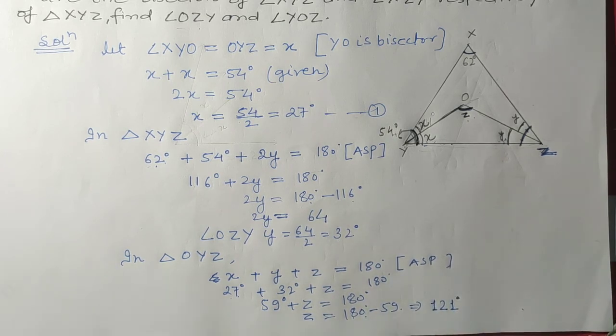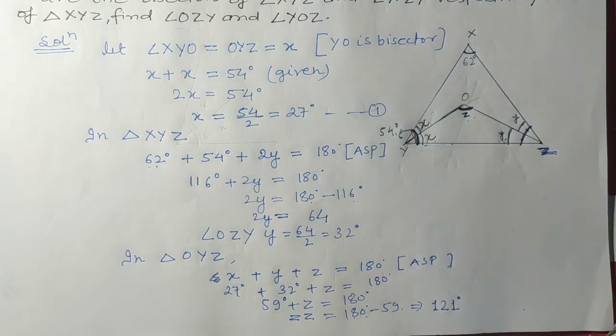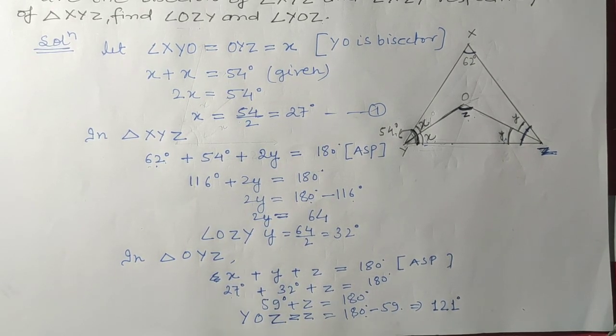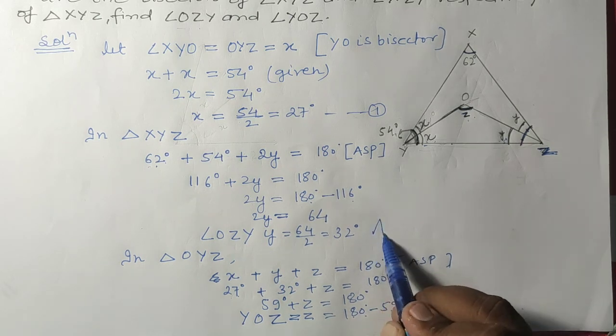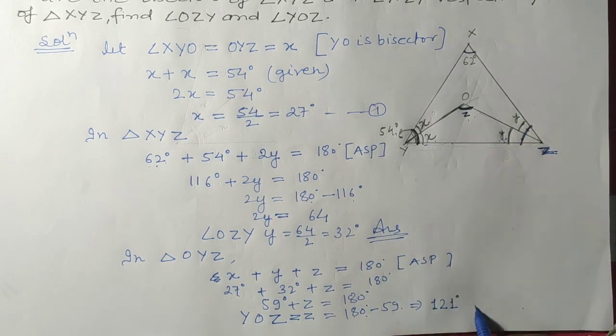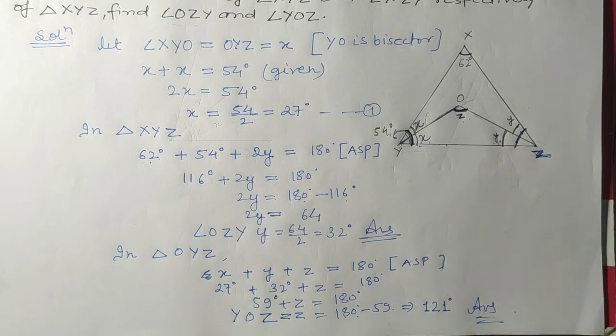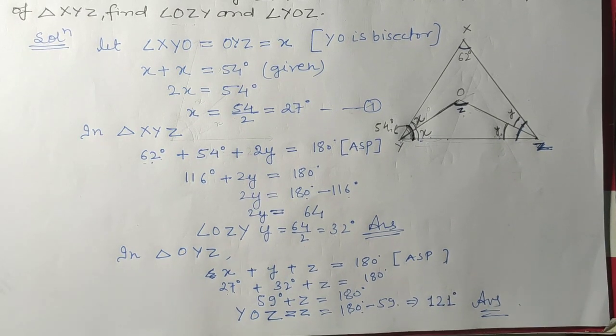So the value of z, which is angle YOZ, is your first answer, and angle OZY is your second answer. Like this we can find the values of angle OZY and angle YOZ.